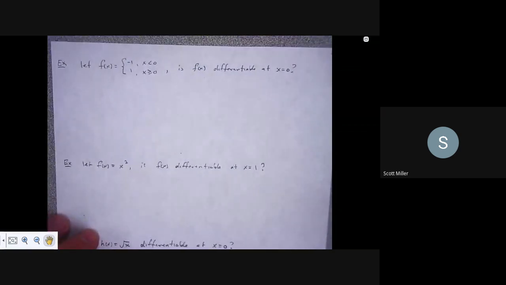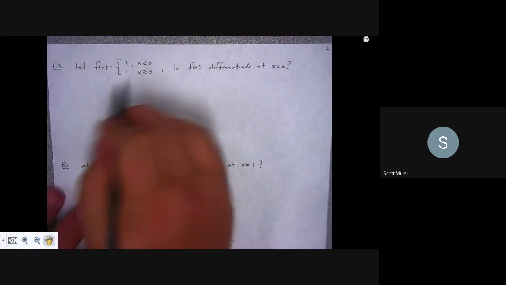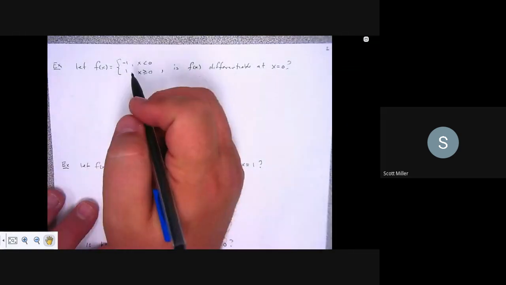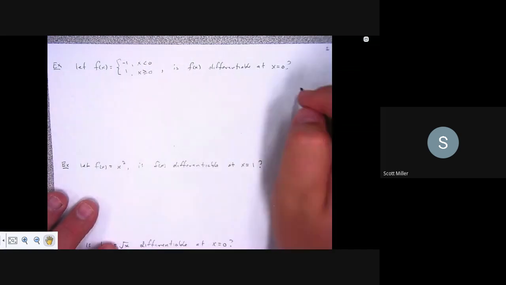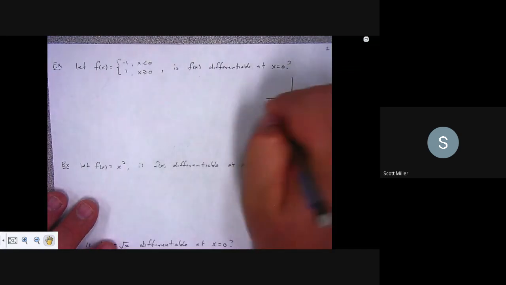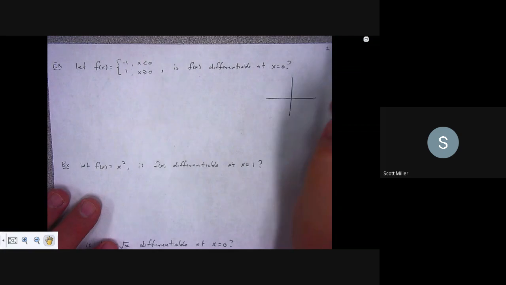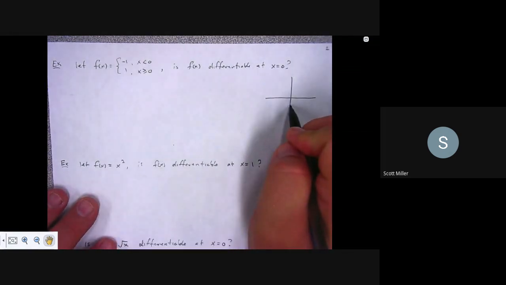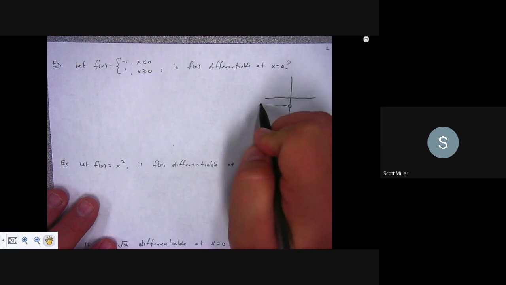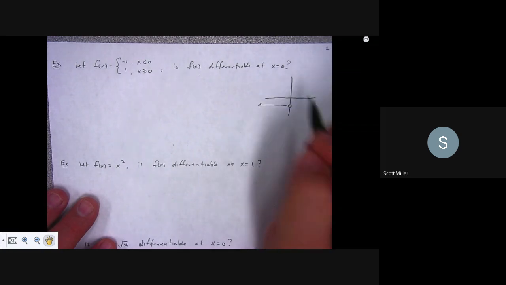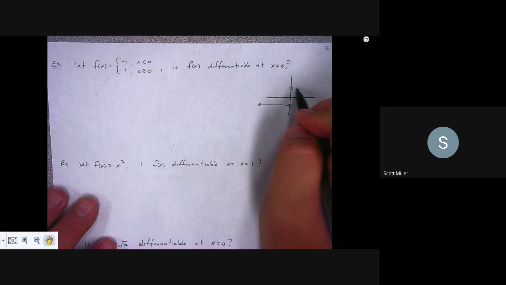This is a piecewise function right here. And so what does this graph look like? At 0, when the numbers are less than 0, I'm at -1. So I have a hole in the graph here, and then it goes off in this direction. And then I have a hole in the graph right here, and it goes off in this direction.